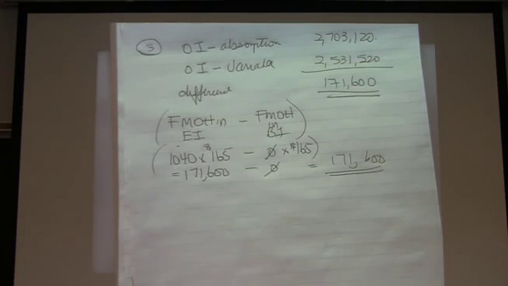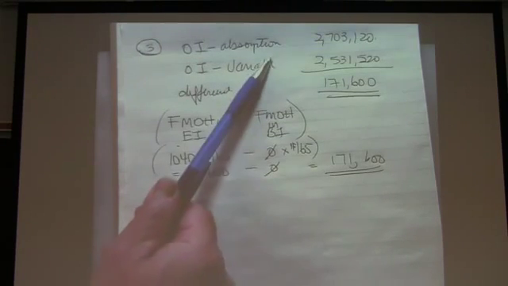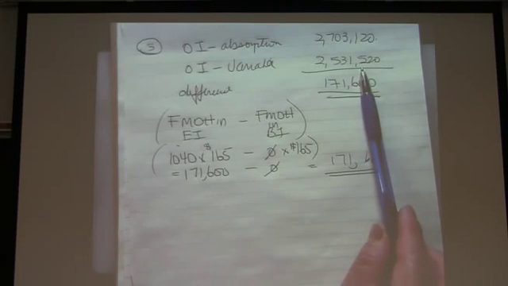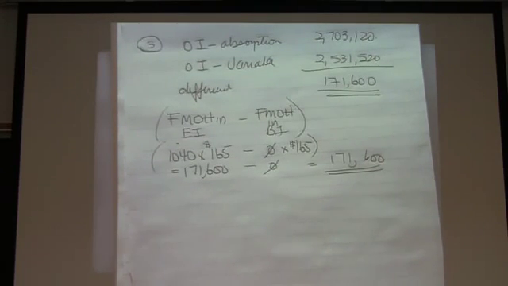The 2013 operating income under absorption costing is going to be greater than under variable costing because the 2013 inventory increased from 0 to 1,040 units, and under absorption costing, fixed overhead remains in ending inventory. It gets capitalized. This is how much is capitalized in that ending inventory, which will result in lower cost of goods sold relative to variable costing.